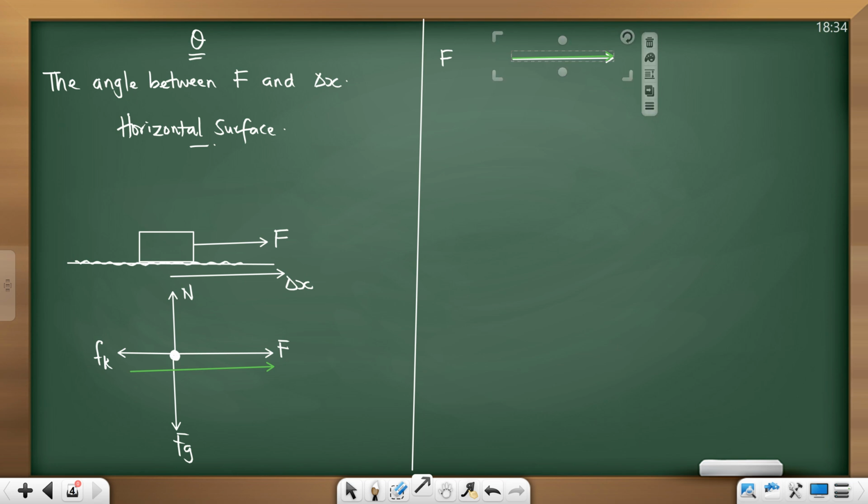What is the angle between them? 0. Beautiful. Theta is 0 degrees. So when I see that they are in the same direction, theta becomes what? 0. What type of work is this? Positive work. Well, actually, let me do something.